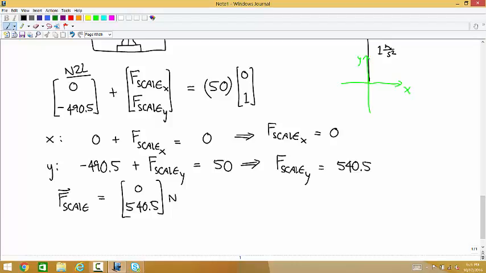So when an elevator is moving, it can do two things. It can be accelerating, or it can be moving with a constant velocity. Most of the time it's moving with a pretty constant velocity. But at the start, when it starts going, it accelerates, and this effect holds for that short time until it gets up to its final speed.